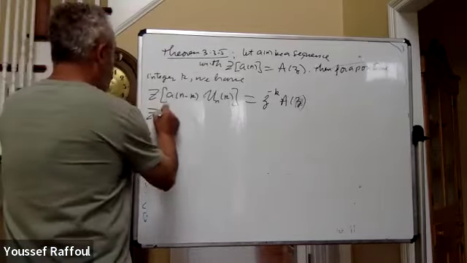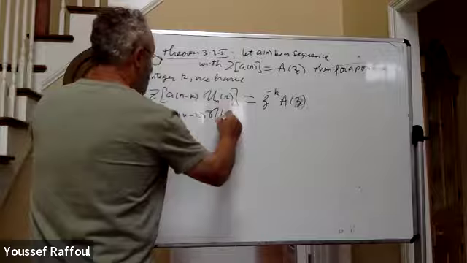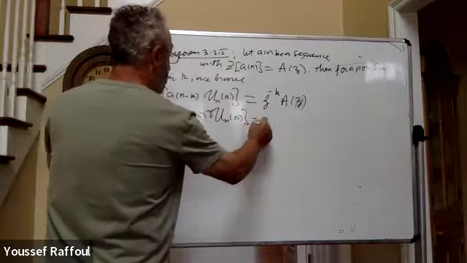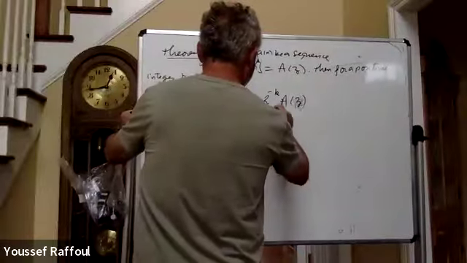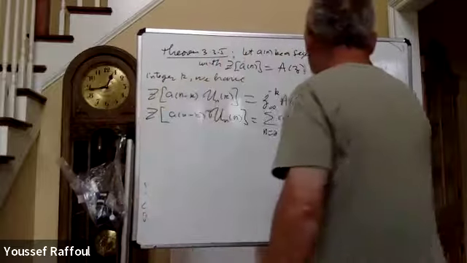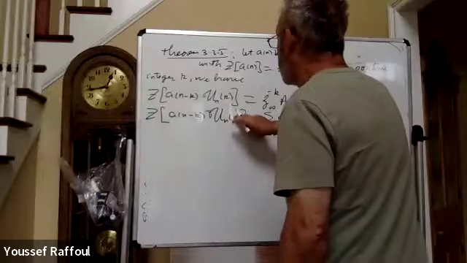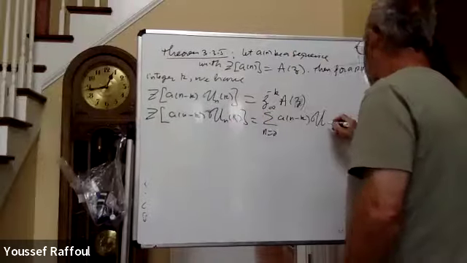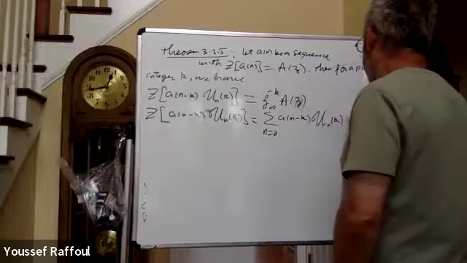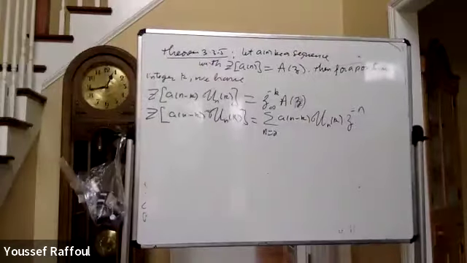So let's start from the definition. Z minus N, that is basically the definition.